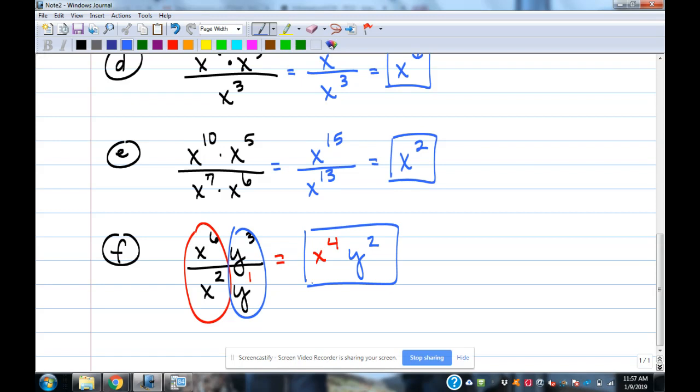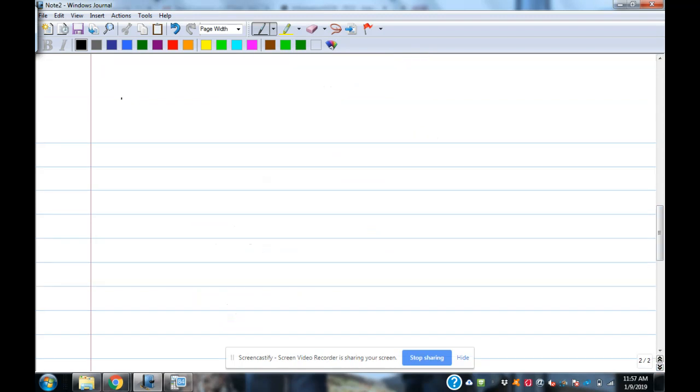Okay, so what we're trying to do is take this division problem and get the answer to it, get the quotient out of that. Do another one like that. Say we had x to the 11th, y to the 3rd over y squared x to the 6th.